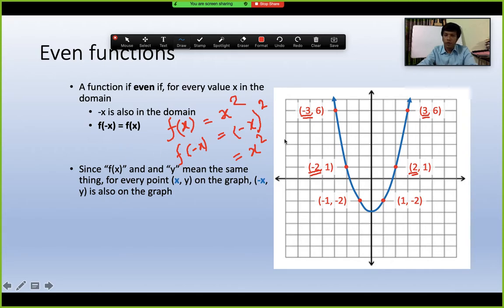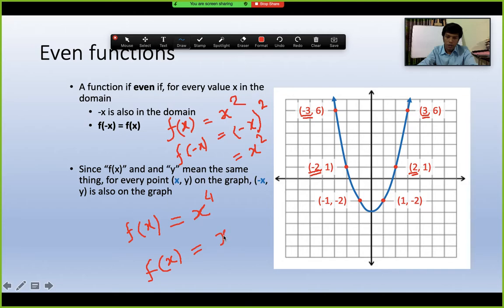You can write more even functions, something like f(x) equals x to the power 4, x to the power 6, x to the power 8, any even number in the power. And you can make the even function a bit bigger also.